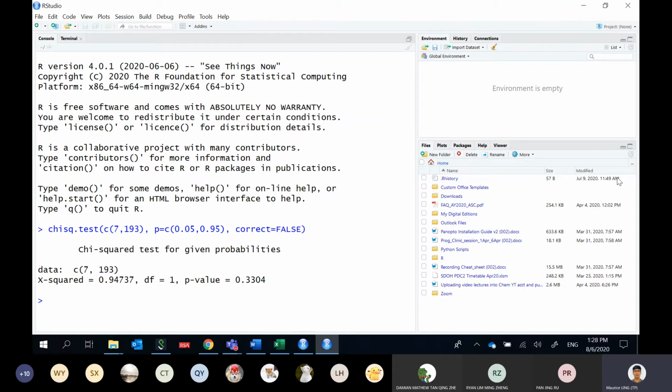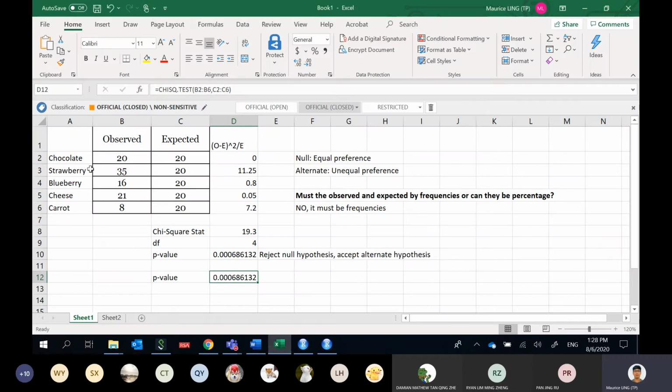Then why not you redo question 1, your strawberry cake thing, and see whether you get the answer. Do you get 0.000686? Put down your hands first, do it in your R and see whether you get it.